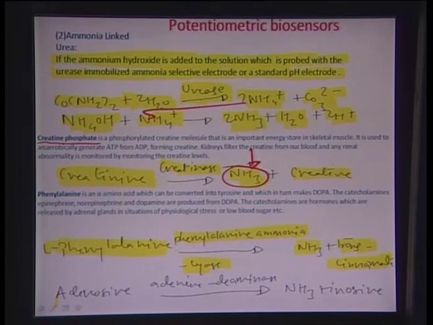Again, measurement of ammonia would be able to ascertain how much phenylalanine is there in the metabolite of interest, or the blood of the patient of interest. Another kind of measurement that we often do is adenosine measurement. You have another enzyme here called adenosine deaminase, which converts it into NH3 and inosine, and essentially these are all measured by ammonia electrodes.